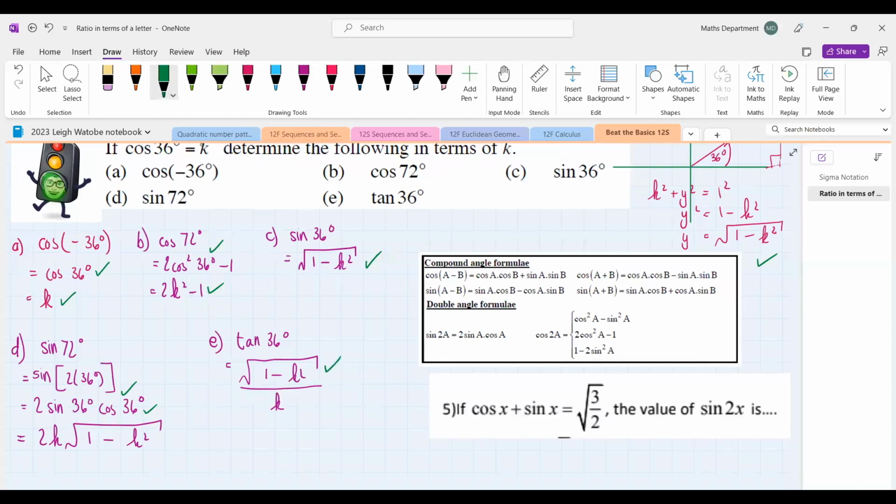All right, any questions with regards to the cos 36 equals k from A to E? Any questions? Yes, Pinga, good girl. Well done, Pinga.